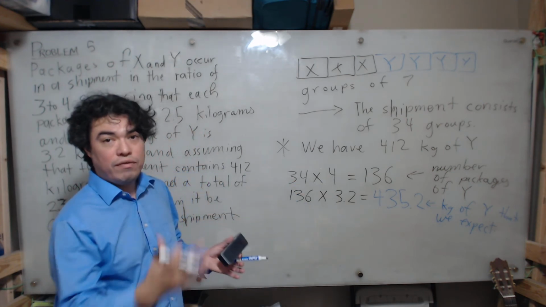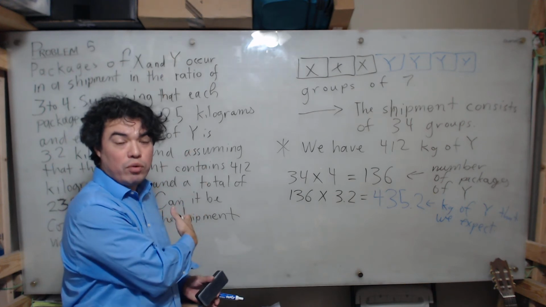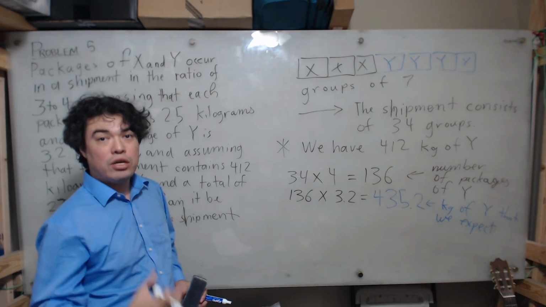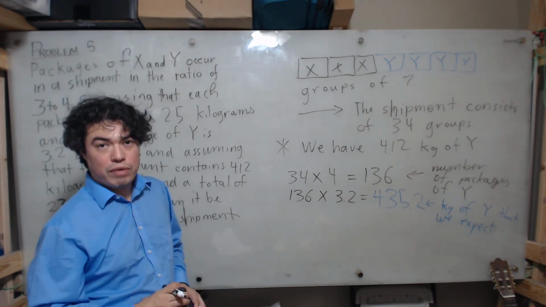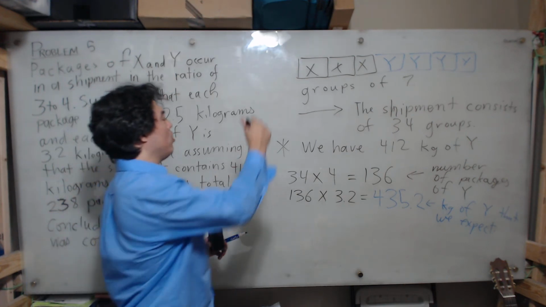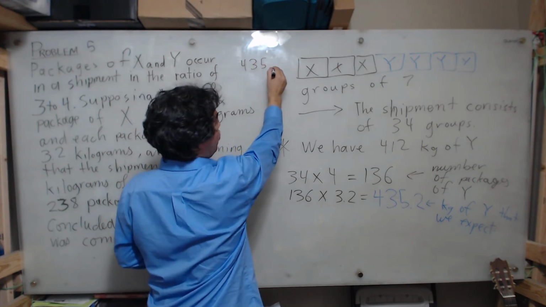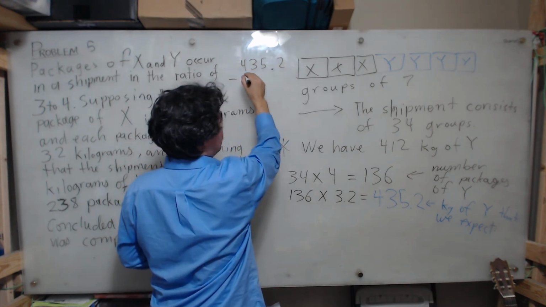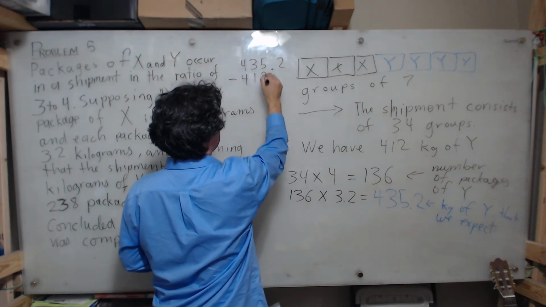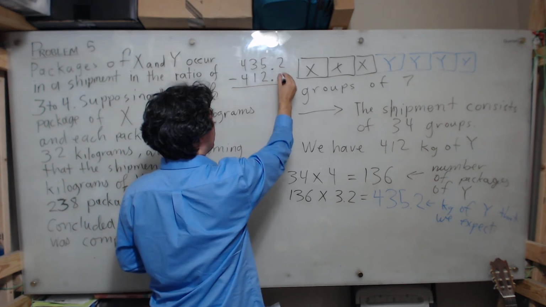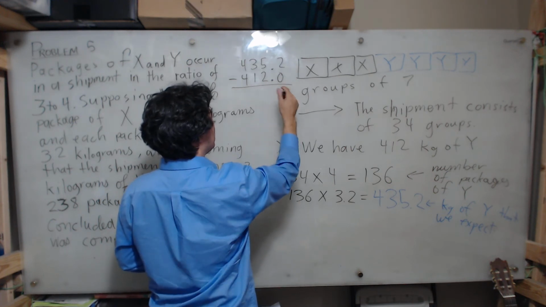Even though it's not necessary for this problem, because we only wanted to know if it was complete, I want to briefly calculate how much is missing, because that could also be what the question might have asked in a different situation. Okay, so I'm going to do 435.2 minus 412. Here, I don't have a decimal, so I can just put 0.0. 2 minus 0 is 2.